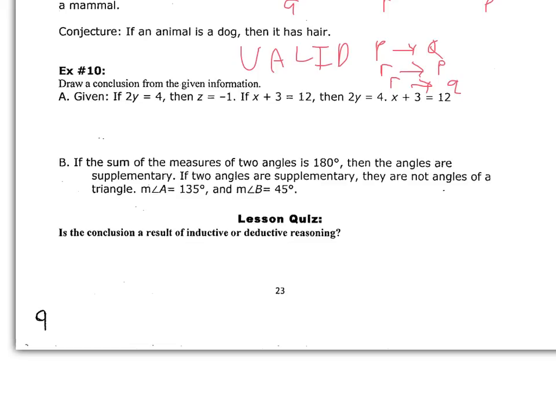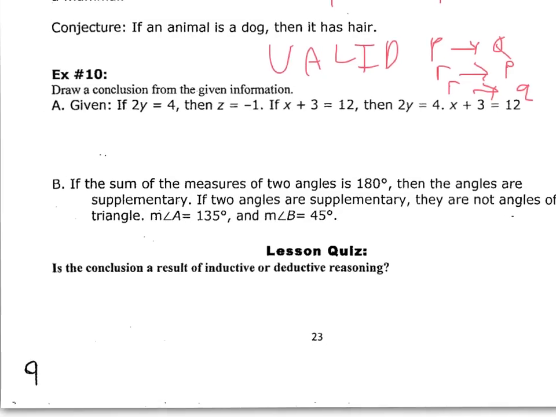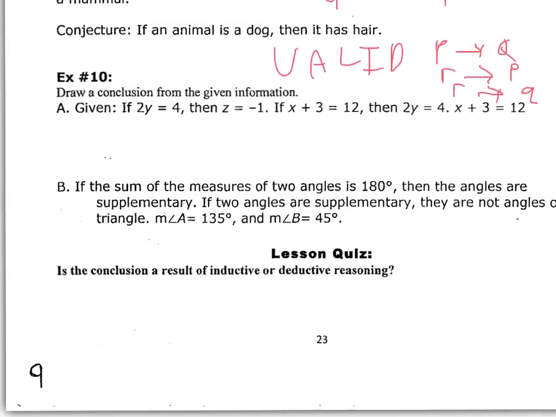Let's look at our last example here, and you're going to have to think a little bit on this one. It says, if 2y equals 4, then z equals minus 1. And if x plus 3 equals 12, then 2y equals 4. And x plus 3 does in fact equal 12.